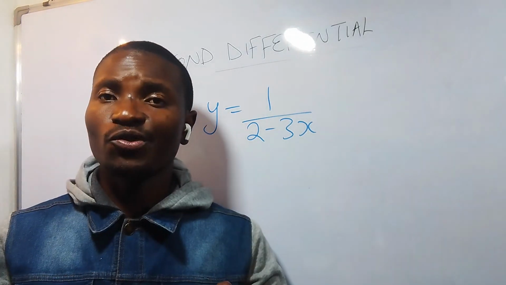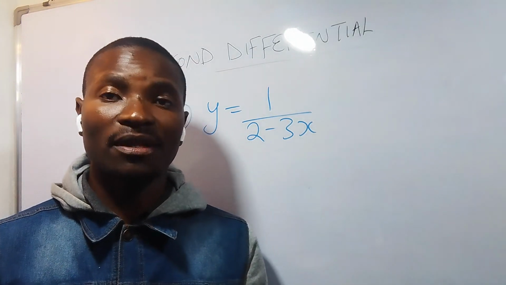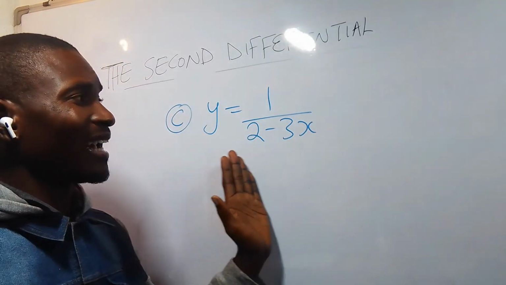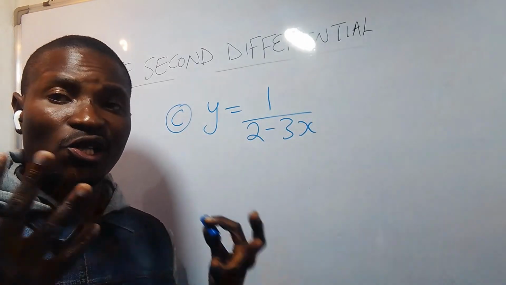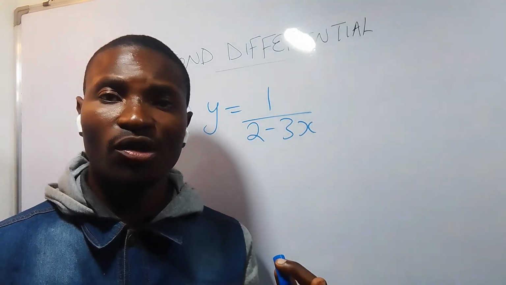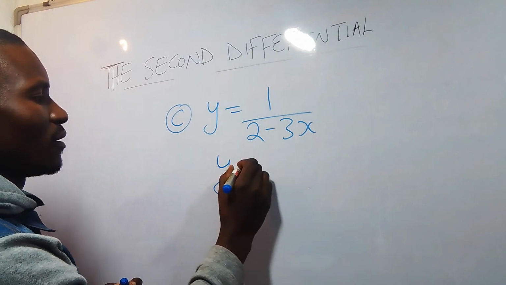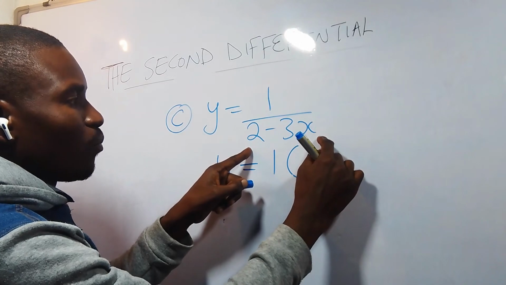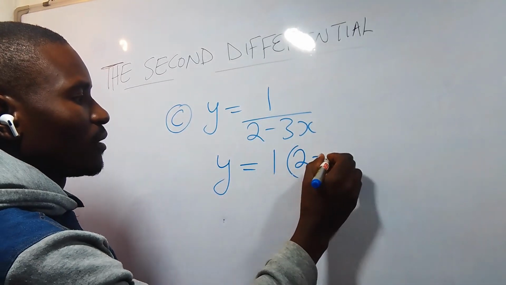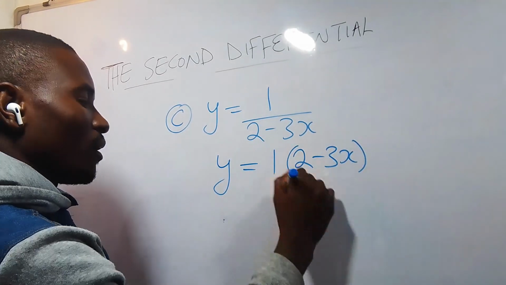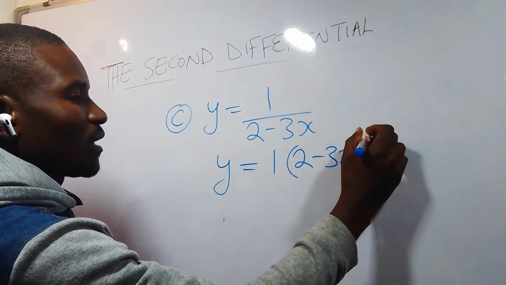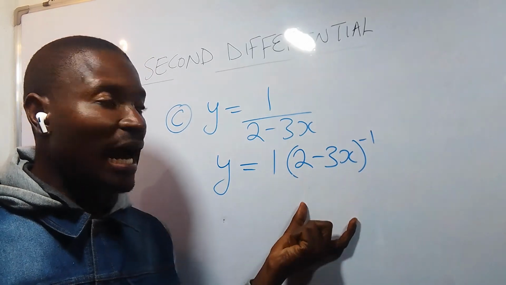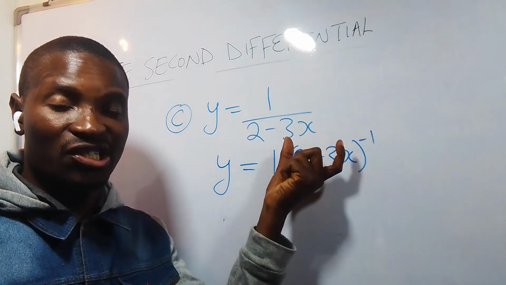So what you have to do is convert it to get rid of this fractional form. We're going to say y equals 1 and take whatever is at the bottom on top, so it becomes (2 minus 3x) to the power negative 1. The negative 1 implies that this thing is at the bottom of this fraction.